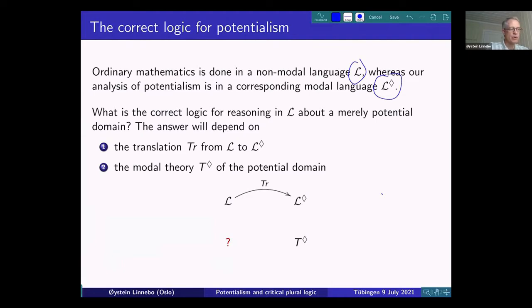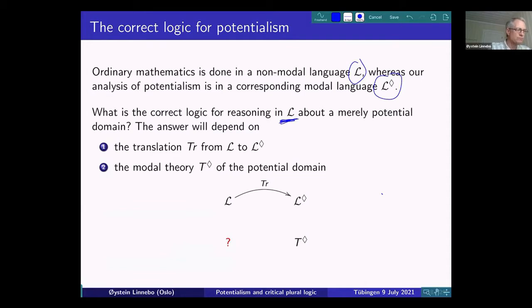The question I'm interested in, of the correct logic for reasoning about potential infinities, arises in the non-modal language. We want to know what logic ordinary mathematicians or logicians not using modal resources can use when reasoning about these kinds of domains. Okay, so we have that question as it arises in the non-modal language.